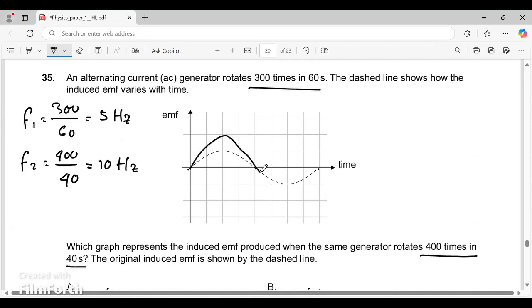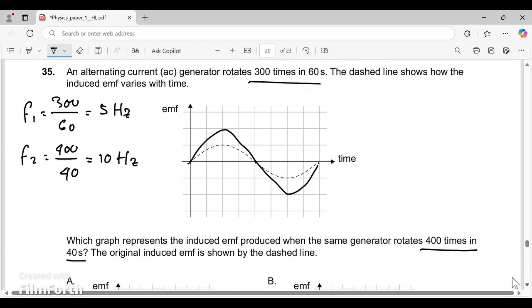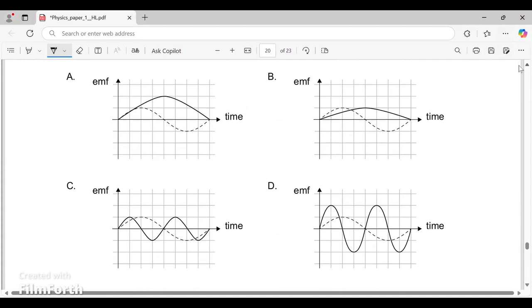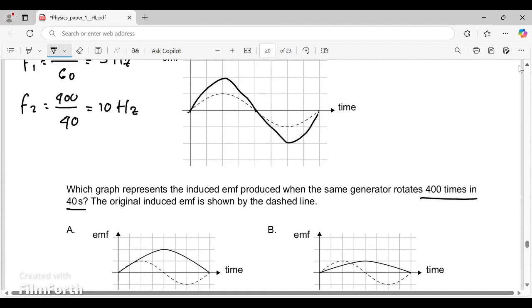Okay, like this. And the option, this one. Oh, if twice, so sorry, I'm wrong. I have to put it like this.